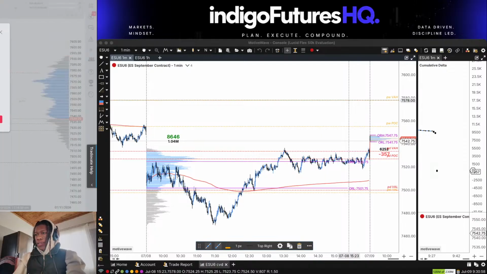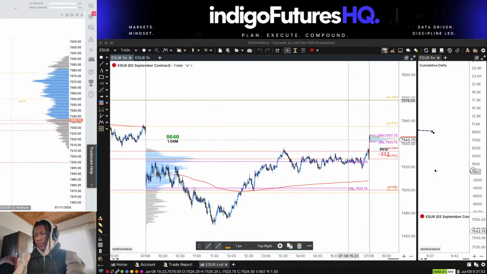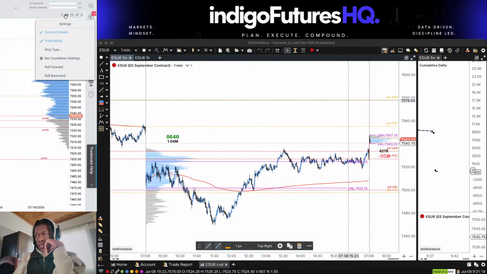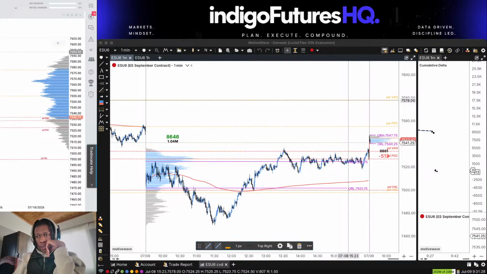All right. Here we go. Test of previous day value area high. Man, I really want to get rid of this little volume profile that I put on. Looked like a good idea yesterday, but now not so much so.